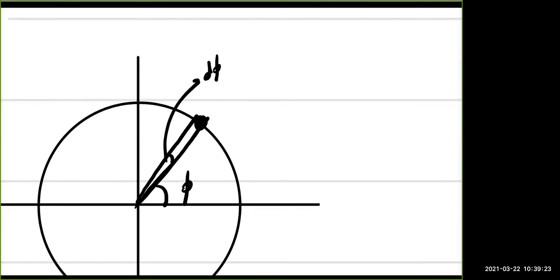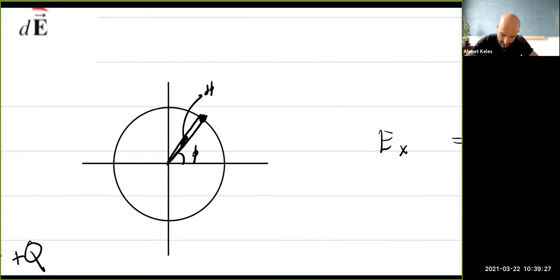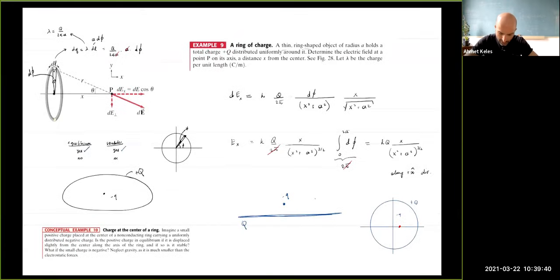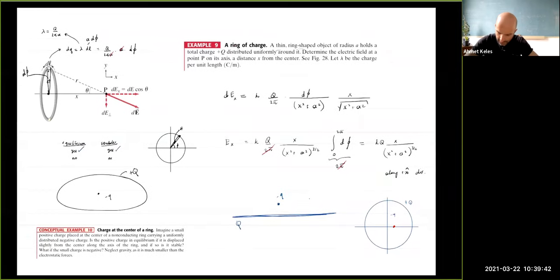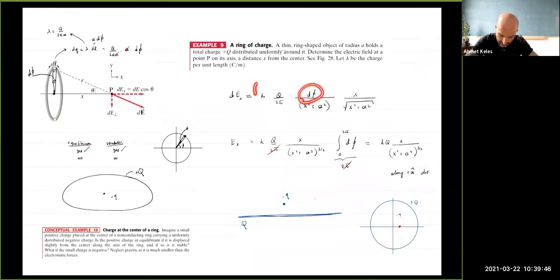When I found the contribution of this point, I integrated phi over all possible values from 0 all the way to 2 pi. I didn't show this, but it would be nice if I draw it. The nice thing about this integral is that there's nothing depending on phi, right?